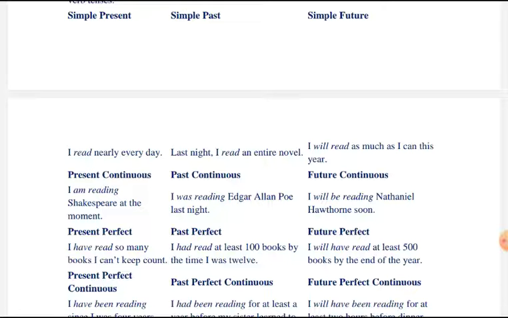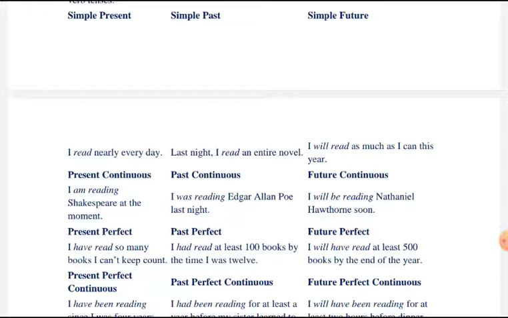Simple present: I read nearly every day. Simple past: last night I read an entire novel. Simple future: I will read as much as I can this year. The present continuous: I am reading Shakespeare at the moment.